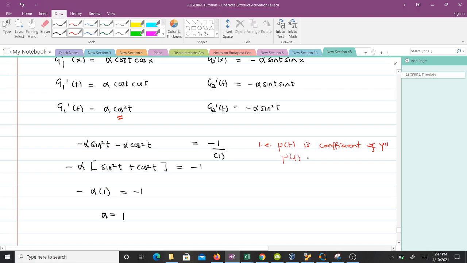I told you p of t is the coefficient of y prime prime. In the question, it is 1. So that means we can bring minus alpha out and we get minus alpha times sine squared t plus cos squared t equals negative 1. And this is a trig identity which will give us 1. So we get negative alpha times 1 equals negative 1. And that means we get alpha to be 1.